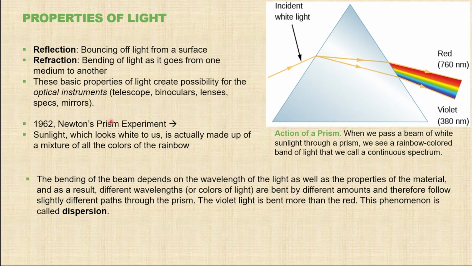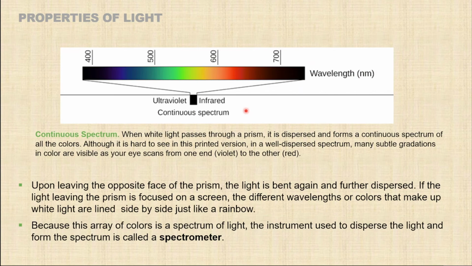Other than writing down his first law, second law, third law, the universal gravitational law, and finding calculus, in his extra time he did his optics experiment, and we call this Newton's prism experiment. And so these are some of the properties of light.